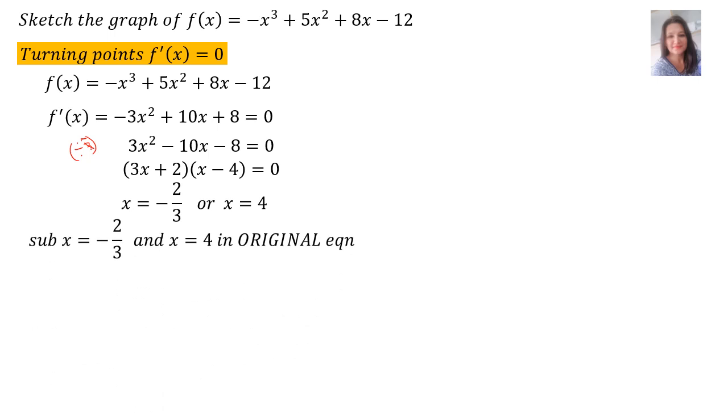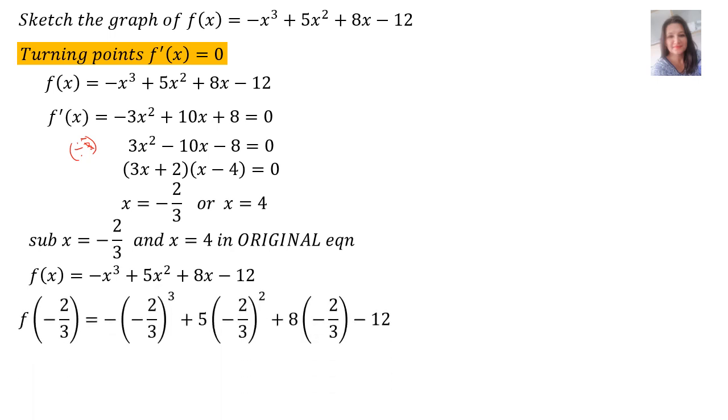Then every x has an original y value, so now we will substitute the two x's into the original equation. There's your equation. In goes -2/3, and my advice to you is slot this in your calculator. And then you end with the corresponding y value being -400/27, but what does that mean?